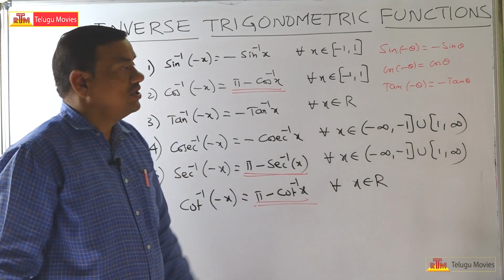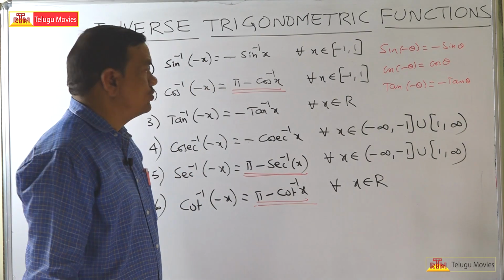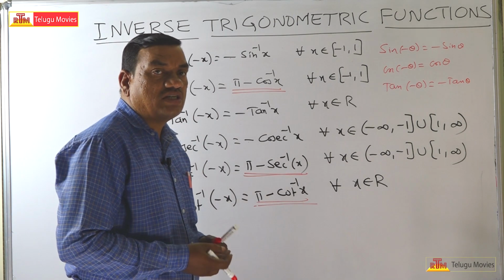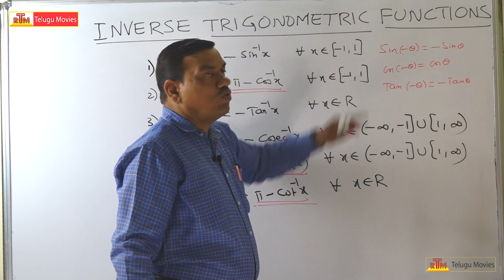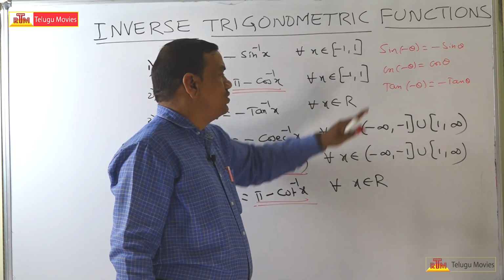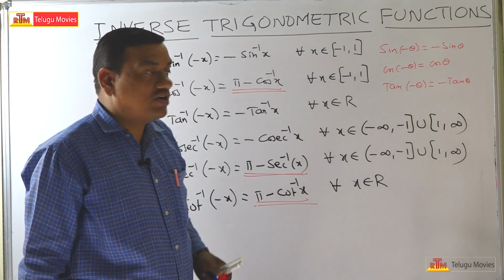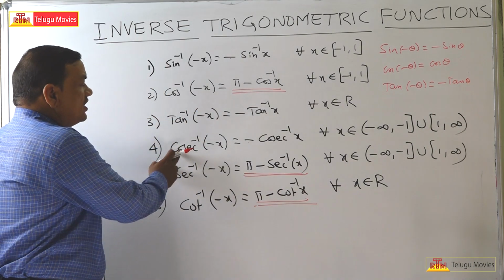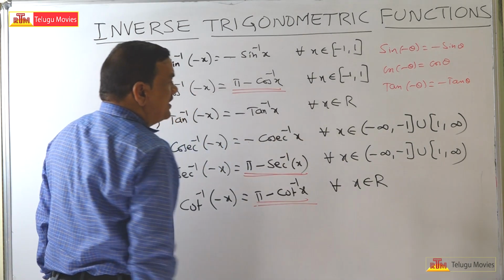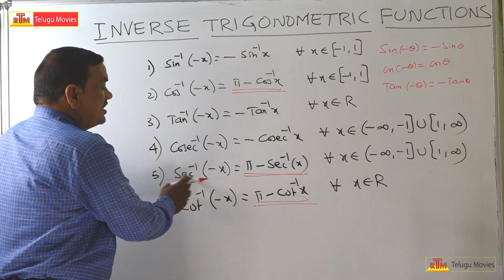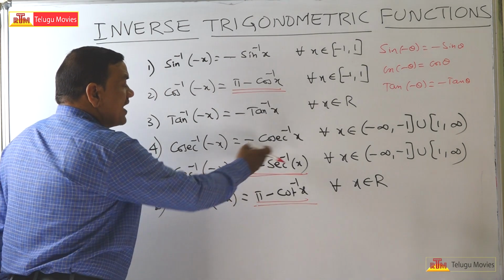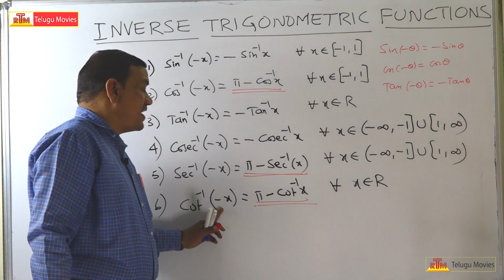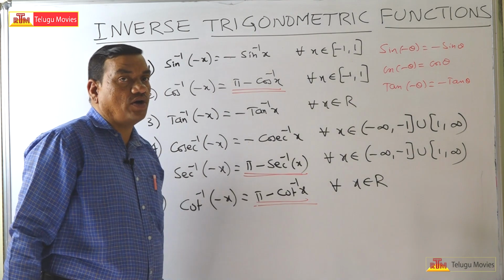These conditions you already know, because the domain of inverse sine function is minus 1 to 1, here also domain minus 1 to 1, and for inverse tan function, domain is set of real numbers. Okay, right. So cosecant inverse of minus x is equal to minus cosecant inverse of x. Secant inverse of minus x is equal to pi minus secant inverse of x. Cot inverse of minus x is equal to pi minus cot inverse of x.